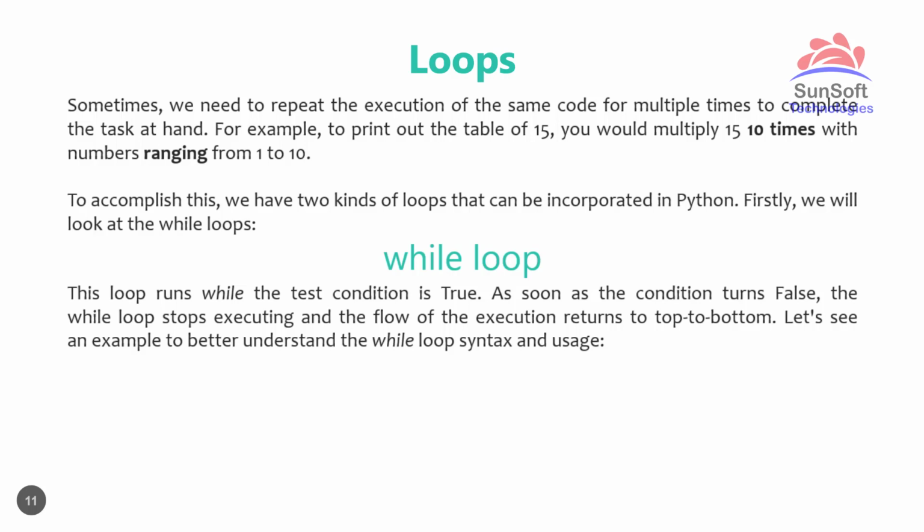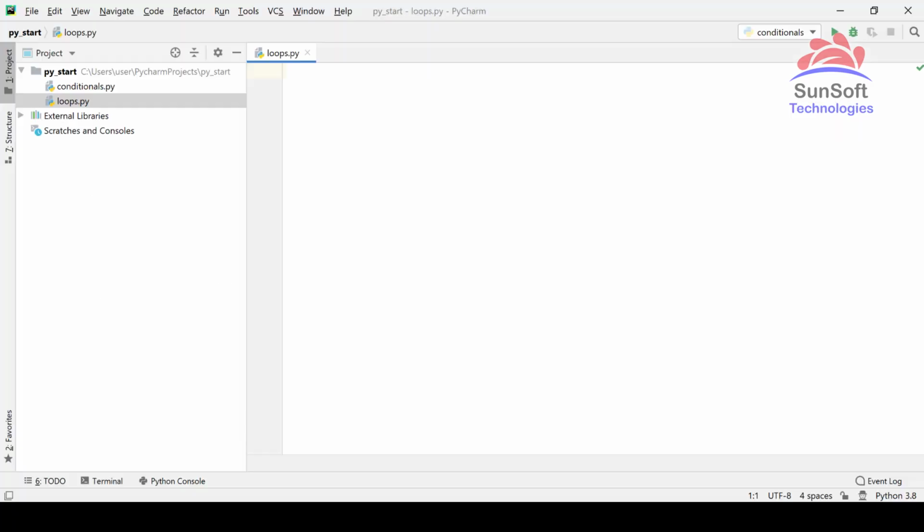Now let's go to PyCharm and see what we can do with the while loop. So here we are back in PyCharm, and I have created a new file loops.py in the PyStart project that we were using. Inside here, I want to print something while the condition is true.